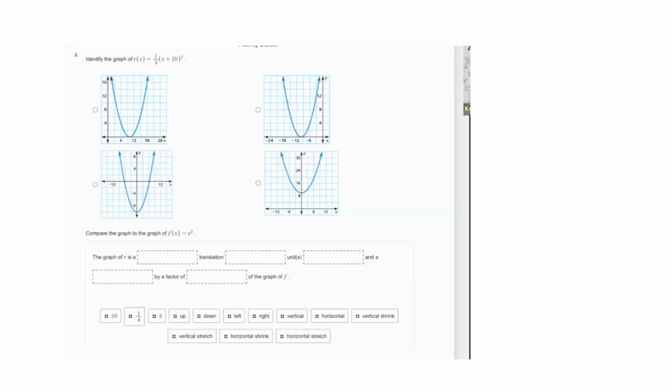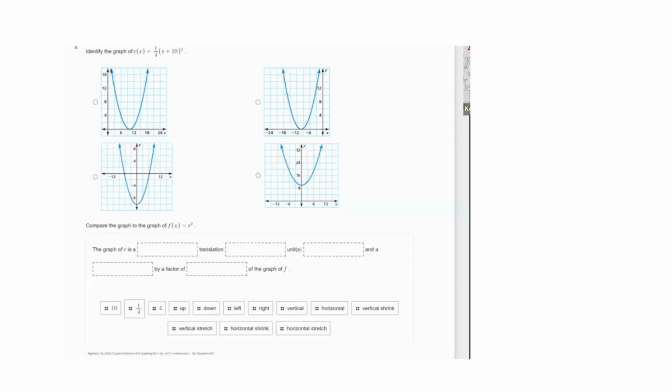So for the first choice, we talked about translation. A translation is like your slide. If we think about this window up here, we slid it over there.